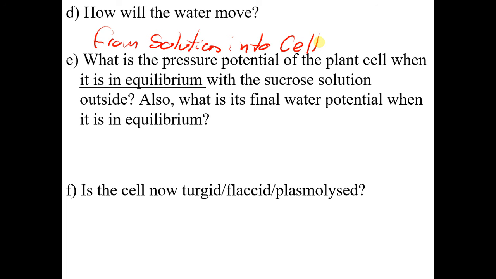What is the pressure potential of the plant cell when it is in equilibrium with the sucrose solution outside? Also, what is its final water potential when it's in equilibrium?